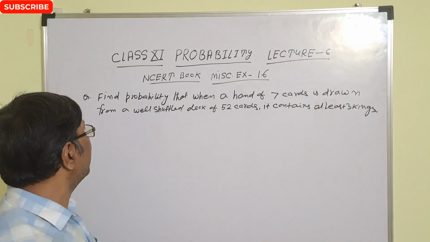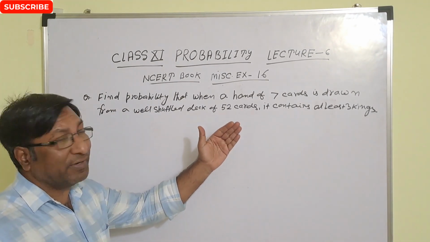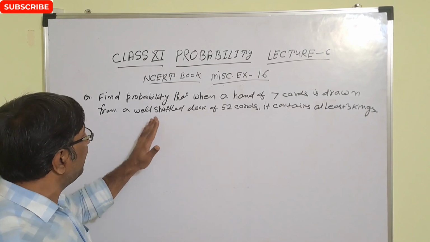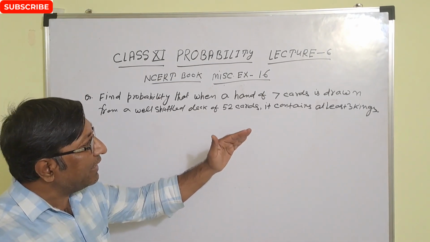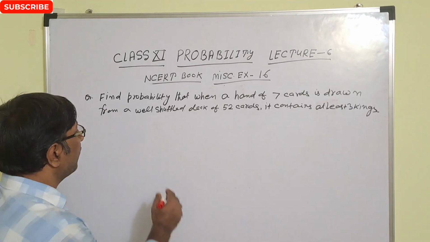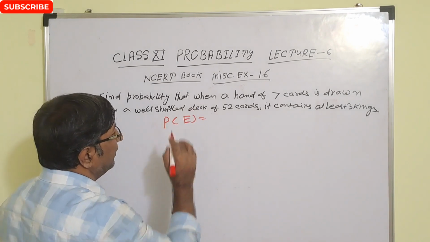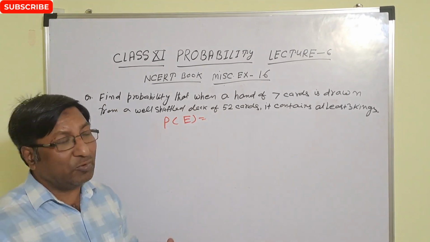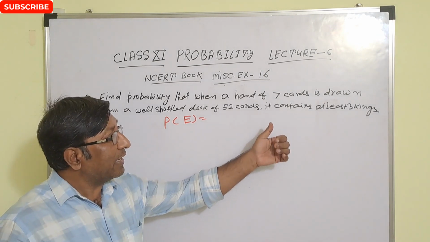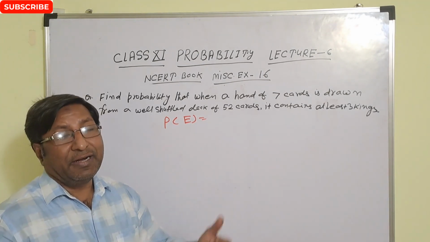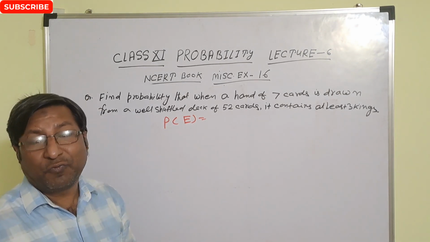Let us see the question. Find the probability that when a hand of 7 cards is drawn from a well shuffled deck of 52 cards, it contains at least 3 kings. Probability of any event equals favorable outcome by total. Favorable outcome is 7 cards containing at least 3 kings, that means minimum 3 kings or maximum 4 kings.